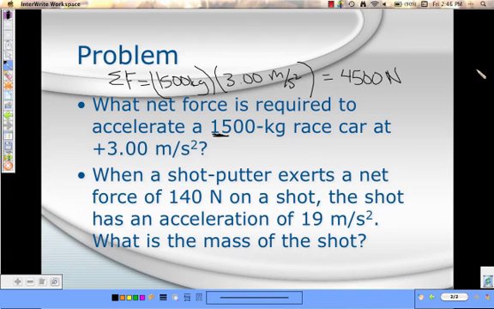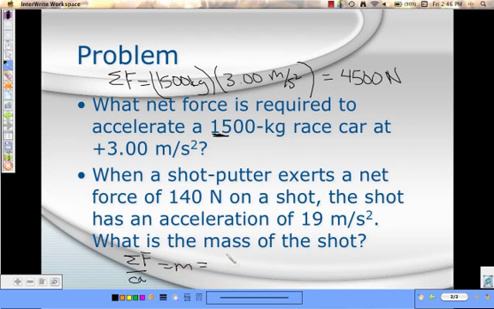And the next one: when a shot putter exerts a net force of 140 newtons on a shot, the shot has an acceleration of 19 meters per second squared. What was the mass of the shot? So it would be the net force multiplied or divided by the mass, or the acceleration, I guess. Divide by the acceleration to get the mass.